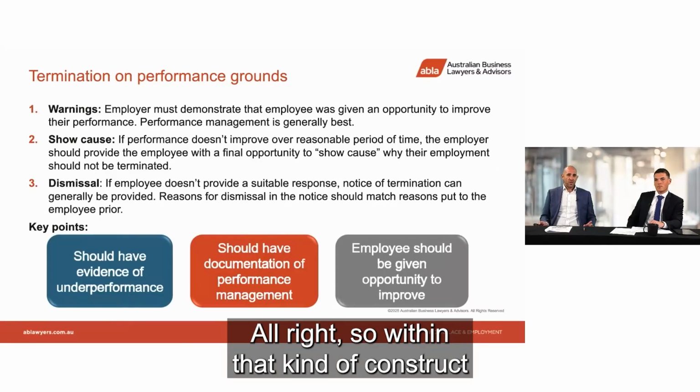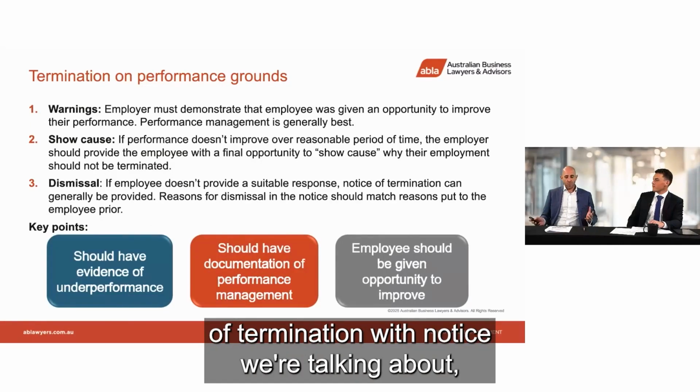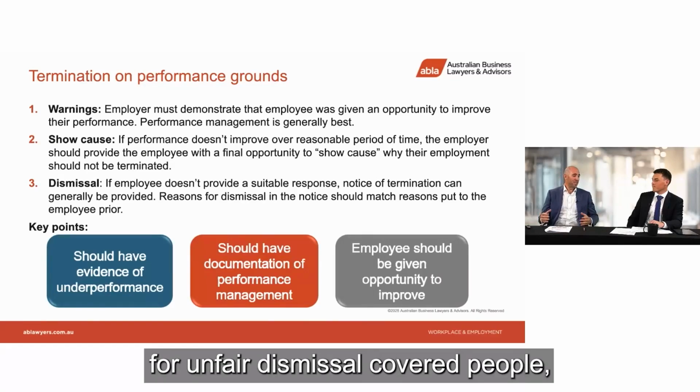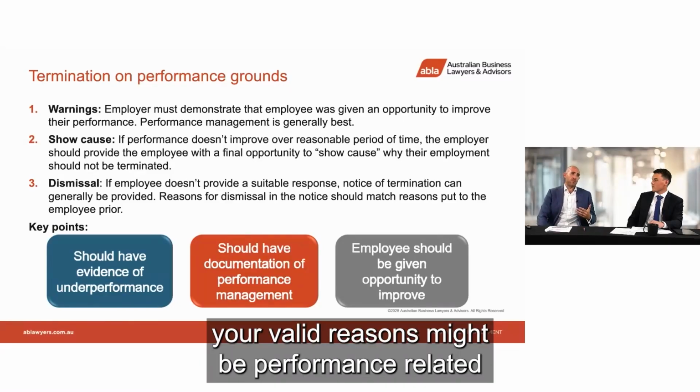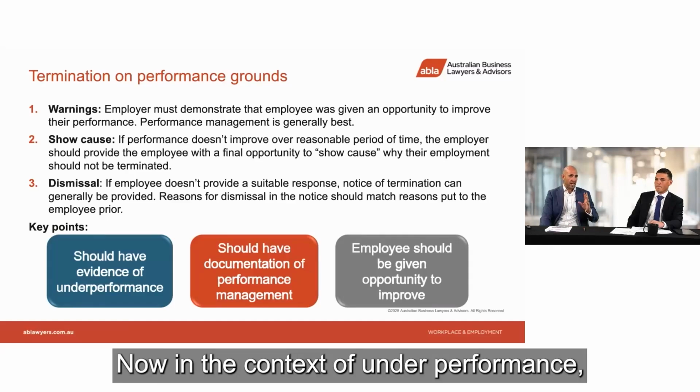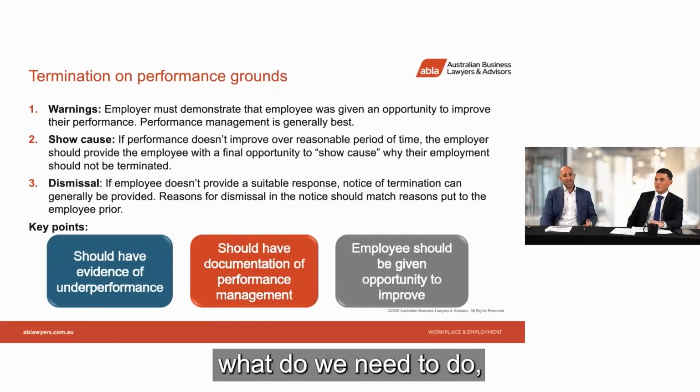All right, so within that kind of construct of termination with notice, we're talking about, for unfair dismissal covered people, you have to have a valid reason. Typically, your valid reasons might be performance related or they might be conduct related. Now, in the context of underperformance, what do we need to do?